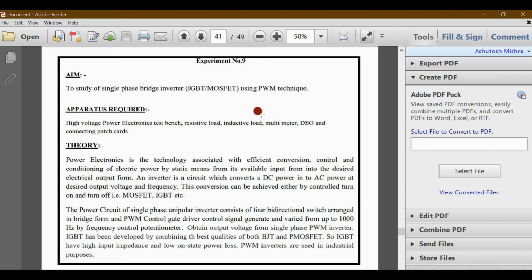So what is the theory? Circuit diagram. We will study the apparatus required: high voltage power electronics test bench, resistive load, inductive load, multimeter, DSO, and connecting patch cords. Power electronics is the technology associated with efficient conversion, control and conditioning of electrical power by static means from its available input to the desired electrical output form.